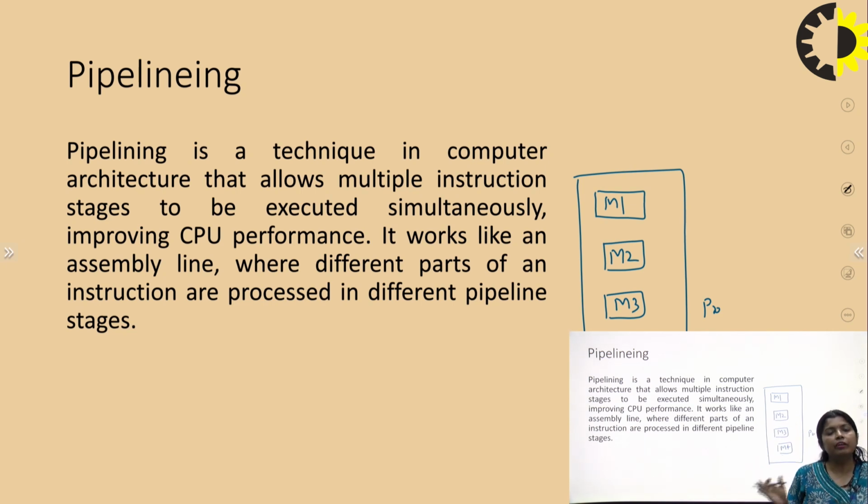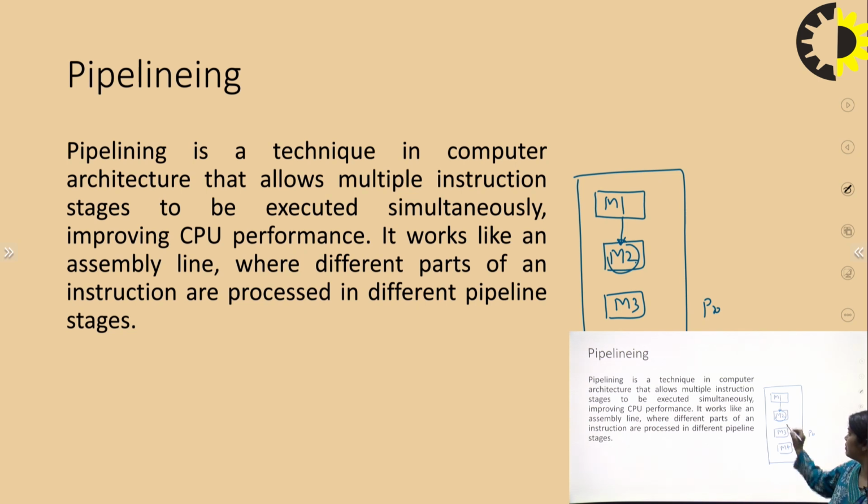Now when we apply this concept as a pipeline method, what is M1? In M1, whatever input there is, an output is created, and that output goes to the next module. This output is treated as an input value for M2.